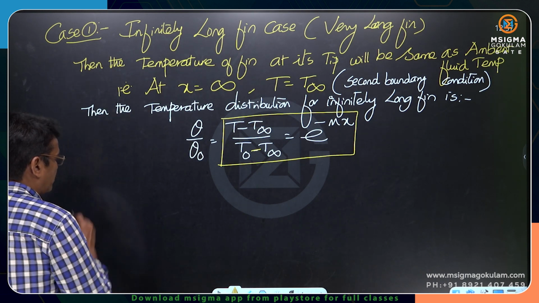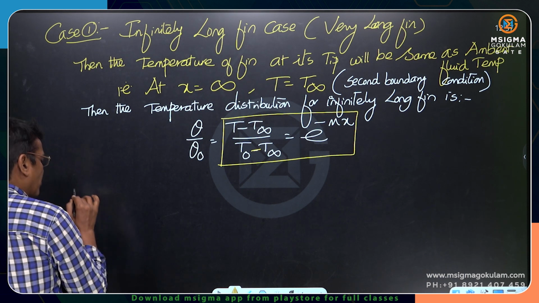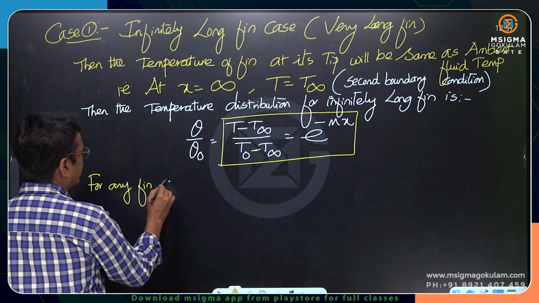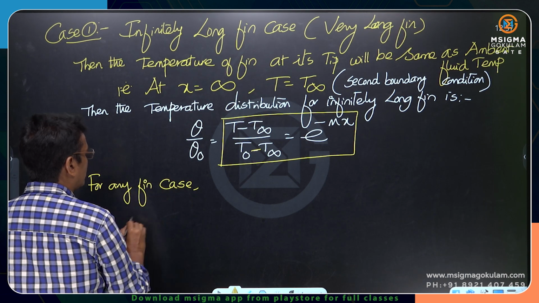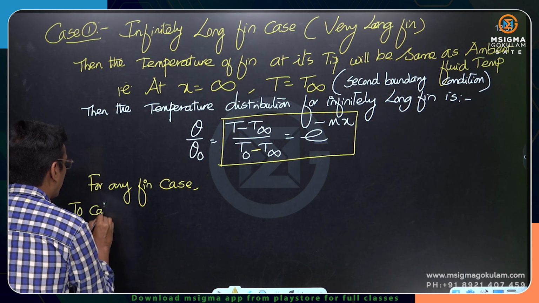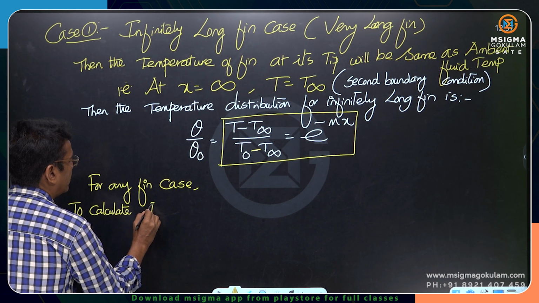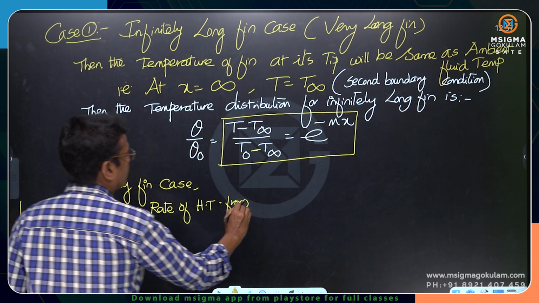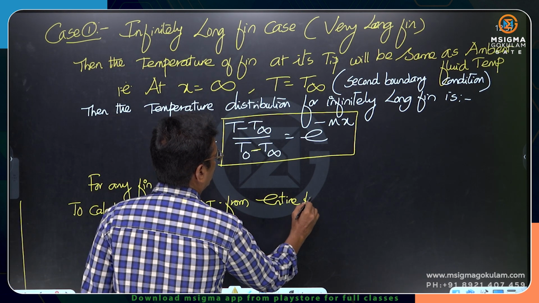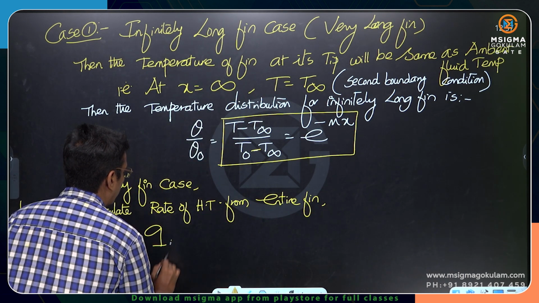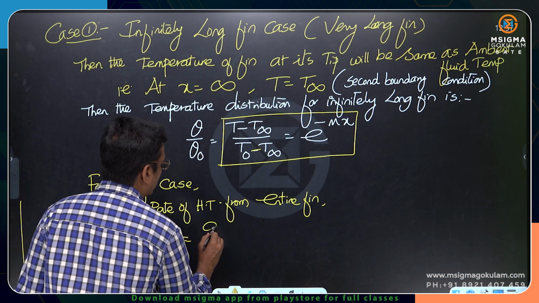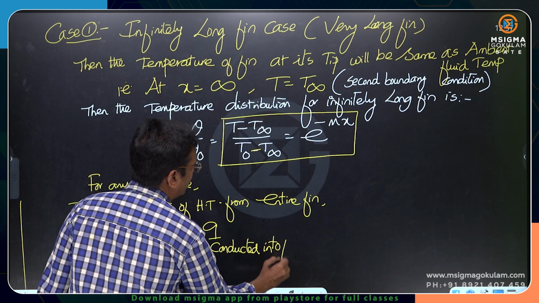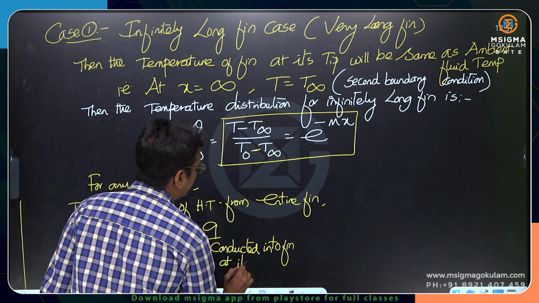To get the rate of heat transfer through the fin, for any fin case, to calculate the rate of heat transfer from the entire fin, from the whole fin, we have to write only one thing: the Q conducted into the fin at its root or base.